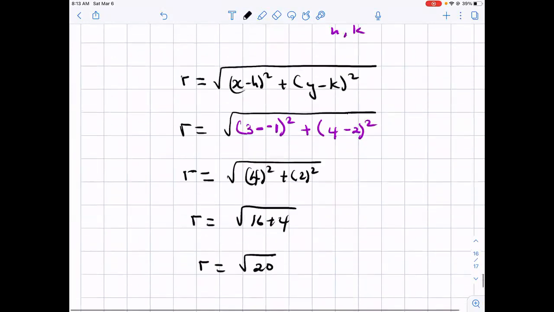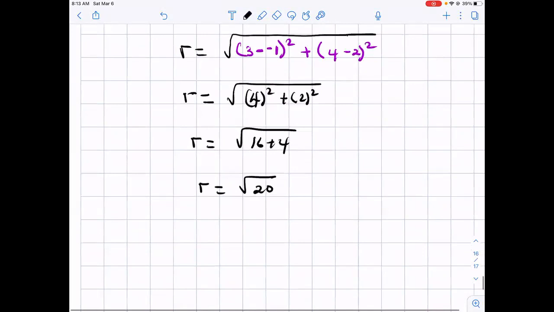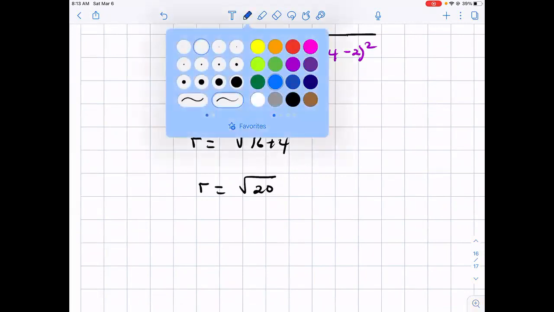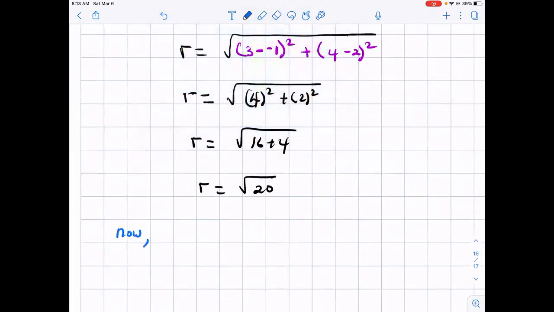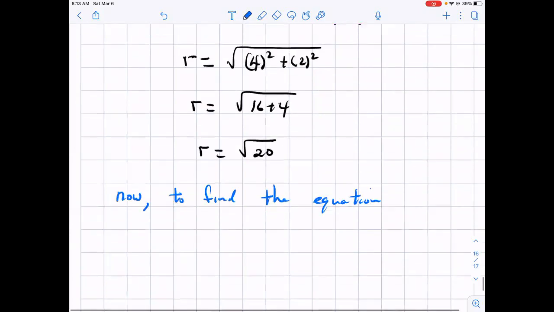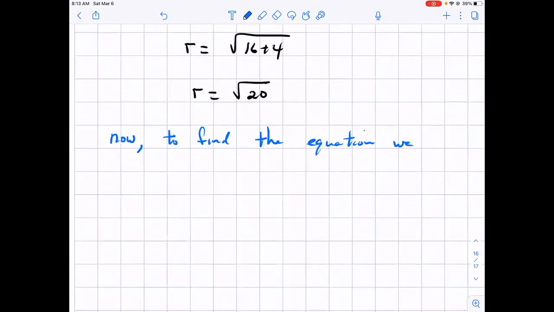Now, we want the equation of the circle, and we only have r. So to find the equation, we use x minus h squared plus y minus k squared is equal to r squared.